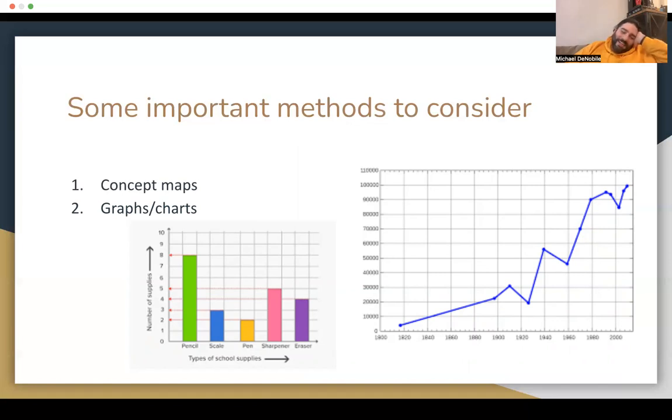But anyway, graphs and charts are important because students need to know how to read graphs and charts. And there's been a larger trend lately, over the last 20 or so years, of increasing the use of graphs and charts, especially at the younger grades.